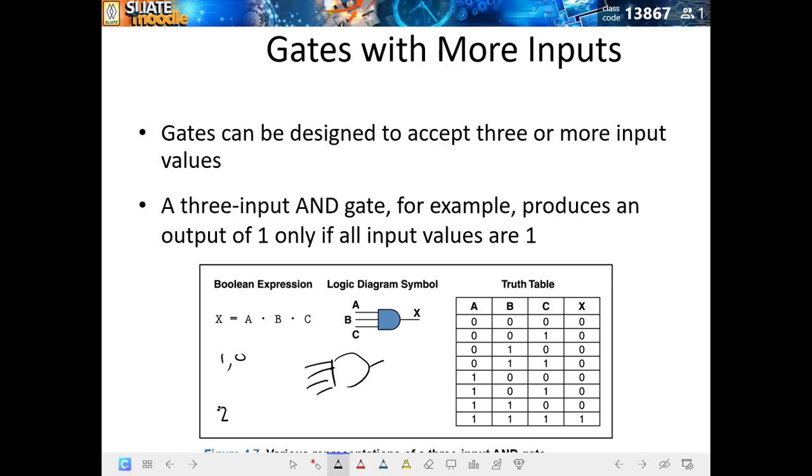One input can have 2 conditions, another input can have another 2 conditions, then the third input can have 2 states, and the fourth input can have 2 conditions. So altogether 2 times 2 times 2 times 2, right? 4, 8 and 16. Then 16 combinations are there if you use a 4 input AND gate.